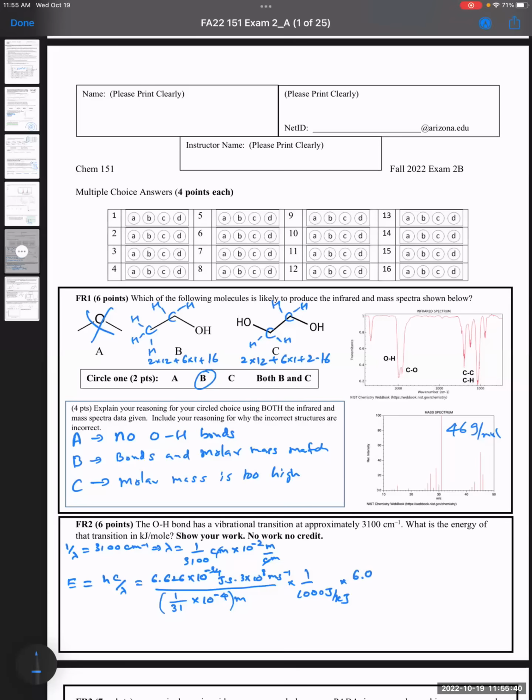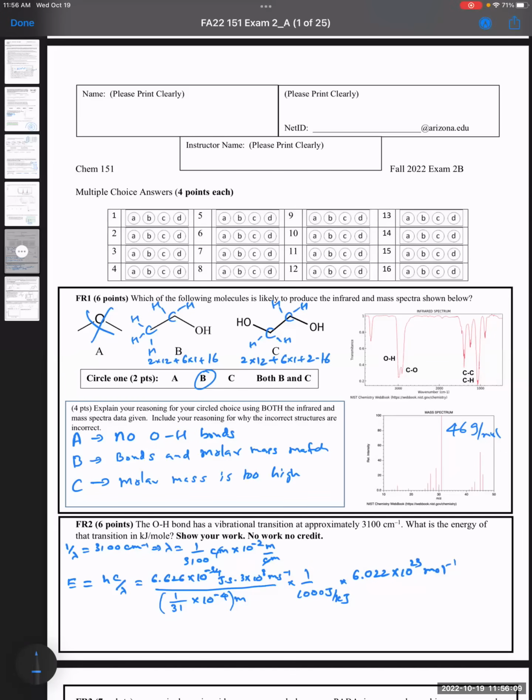Avogadro's number is 6.022 times 10 to the power of 23 per mole. You can do it stepwise if you want to: calculate the energy per photon first and then do the rest.